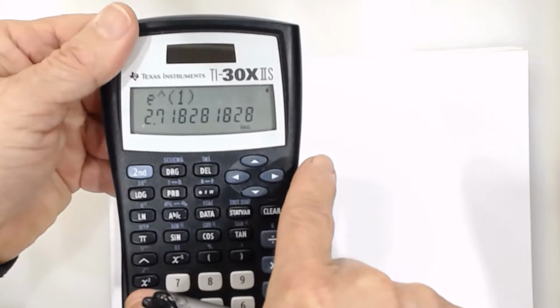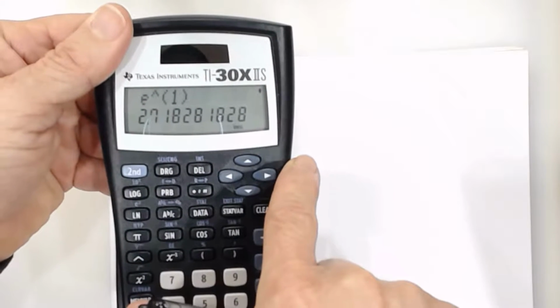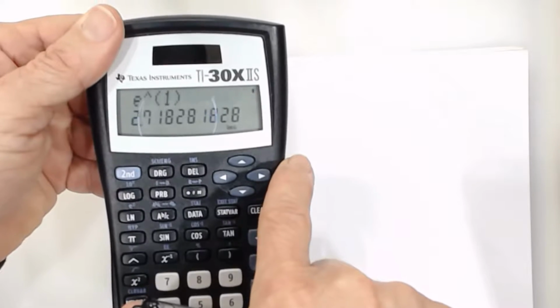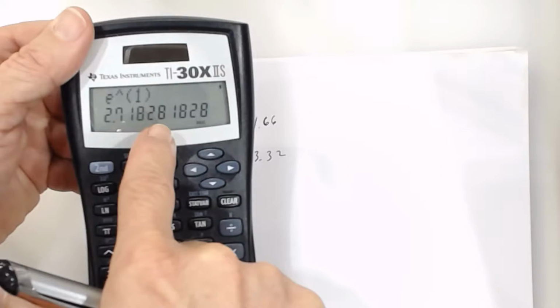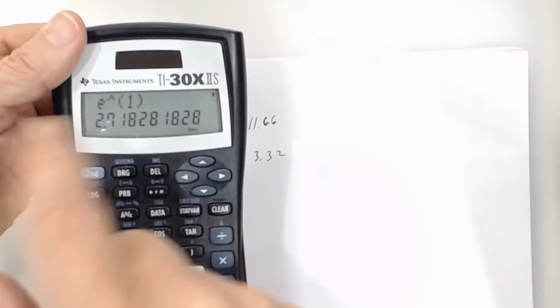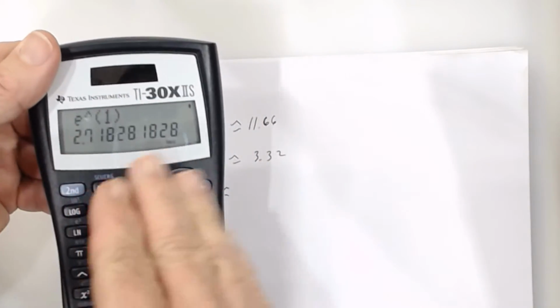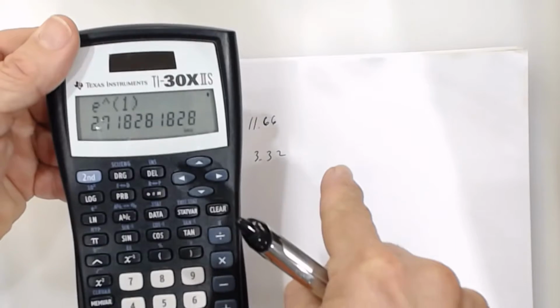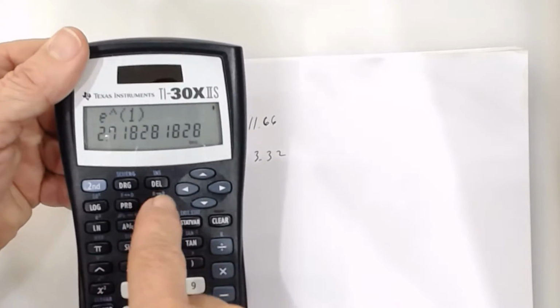So how do you know if it's continually going, if a pattern is continually going on? You would see that e is not a rational number. It's not like 2/3 or 4/5. Those are rational numbers. Either they terminate or they repeat. Any other number that doesn't look rational is irrational, like the square root of 5.